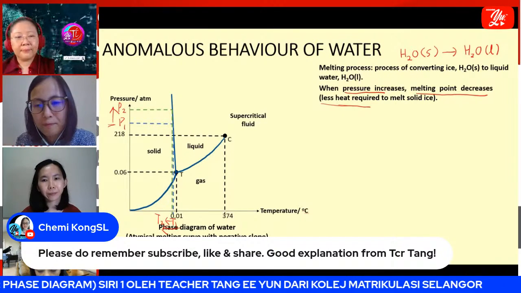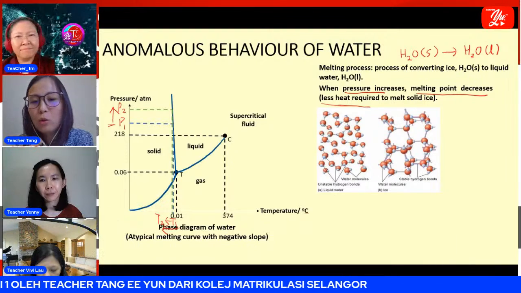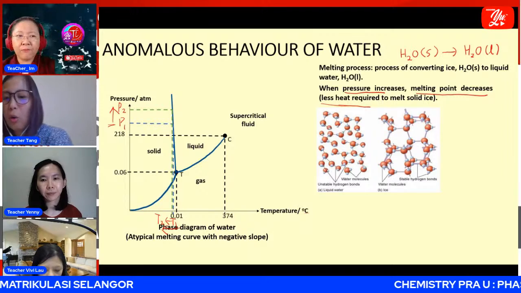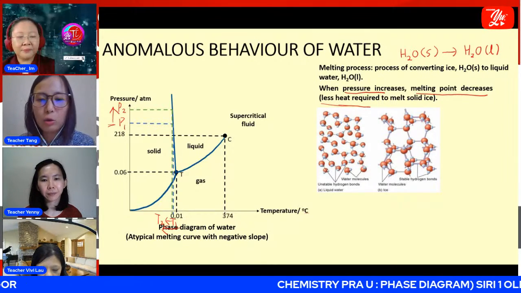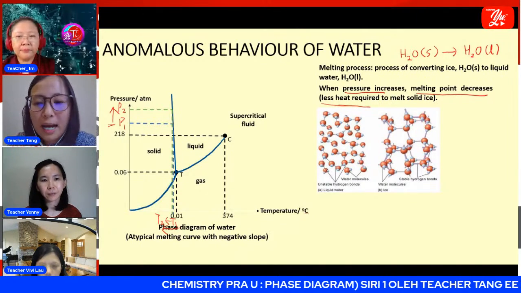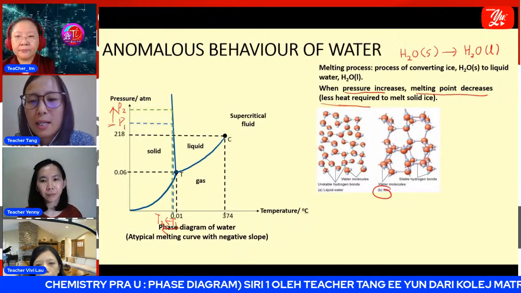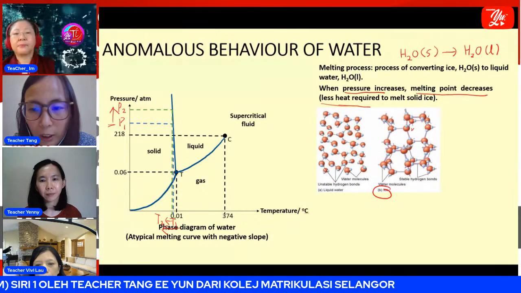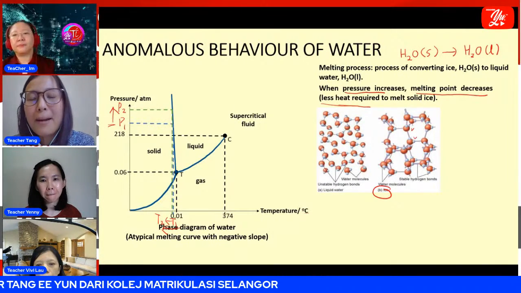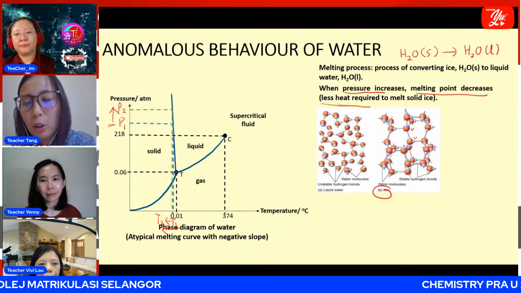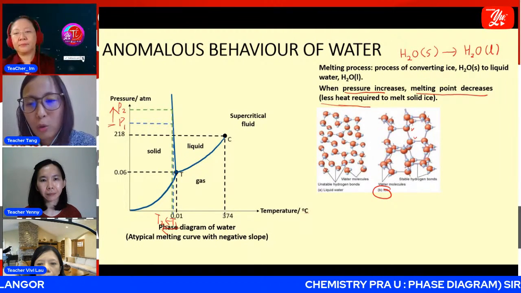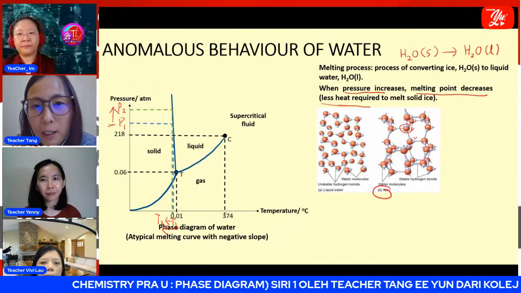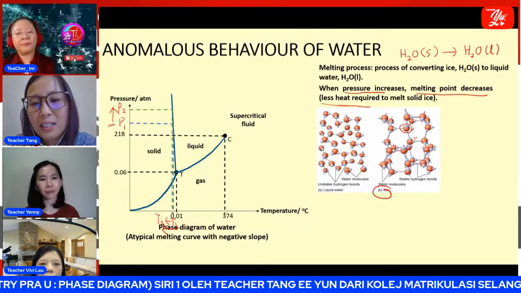So why? Again, we need to look at the solid ice and also the liquid water. What happens in the ice system and in the liquid water system? In the ice, each water molecule wants to form the maximum number of hydrogen bonds with other water molecules.